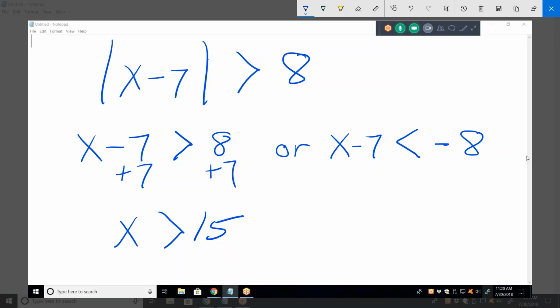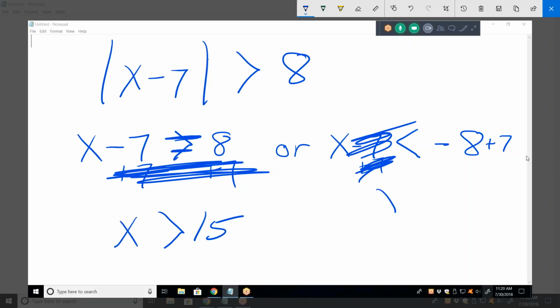Always change its sign, even if it's not an inequality, even if it's an equation. I'm going to move that 7 to the right side, so I have to make it a +7. Right now it's -7. Same thing over here. If you're more comfortable doing it that way, do it that way. Or if you're just going to do it in your head, move that 7 to the other side, make it a +7. And now you get x less than -1.